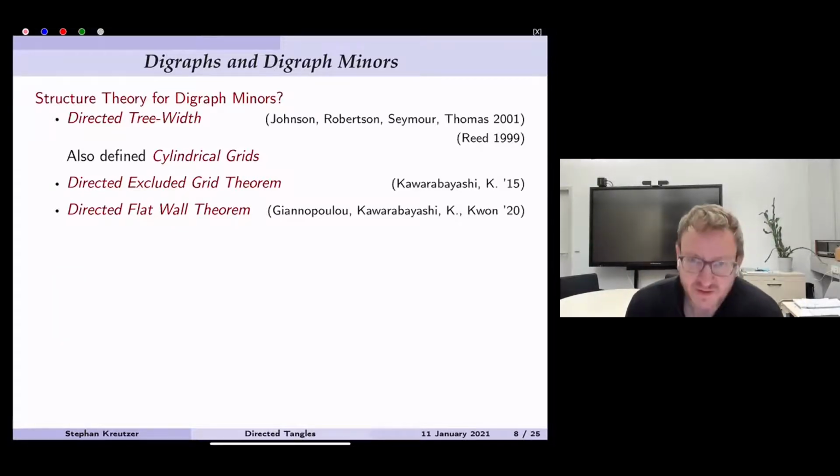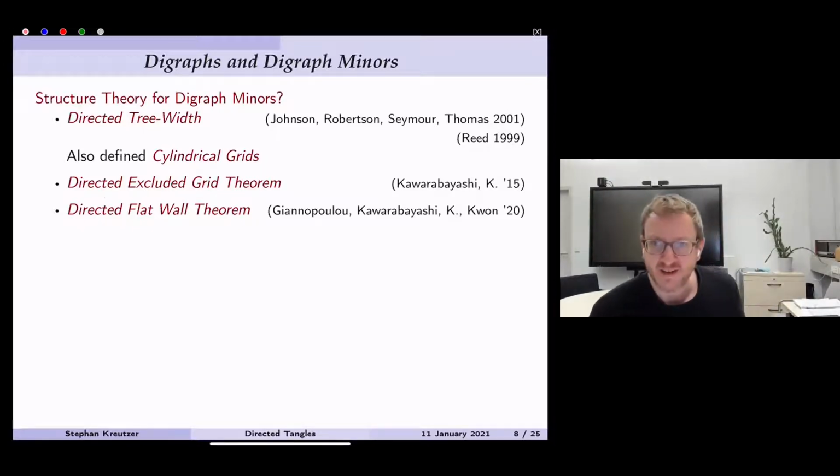So we thought we could have a go and prove a directed excluded grid theorem, which we did eventually. From that, we get the directed flat wall theorem. So of the buzzwords I mentioned on the previous slides, we have them now, except for the tangle thing.